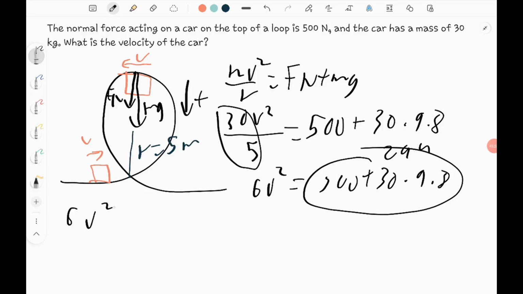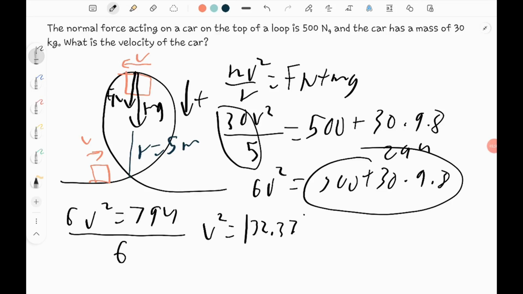So 6v squared is equal to 794. And now we can just divide by 6. v squared is equal to around 132.333. And if you take the square root of that, we get that the velocity of the car is equal to 11.503 meters per second.